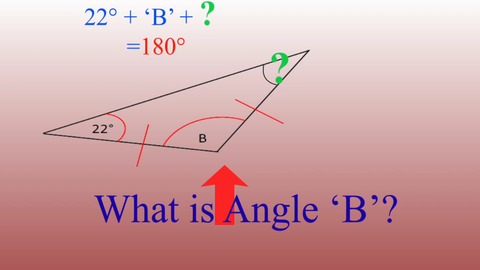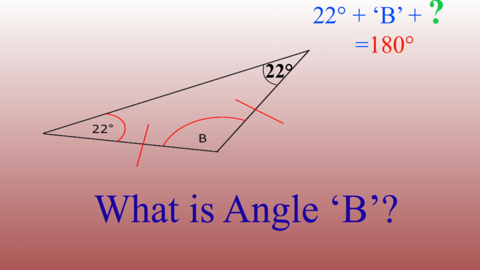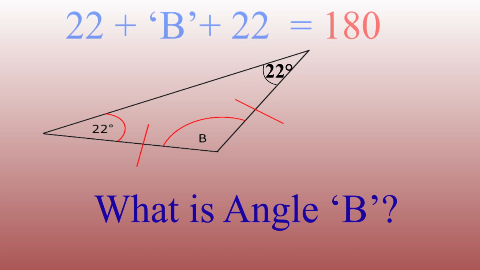So, that means that the unmarked angle is exactly the same as 22 degrees. And we can rewrite that sum that we wrote earlier in this way: 22 plus B plus 22, which was the unmarked angle, equals 180 degrees.